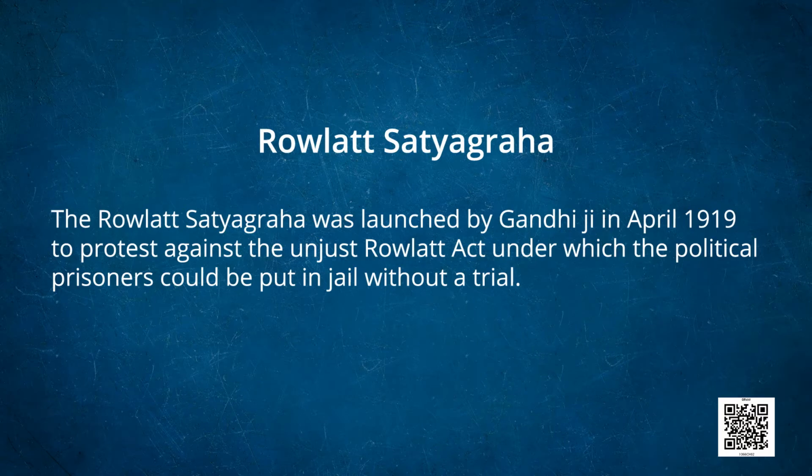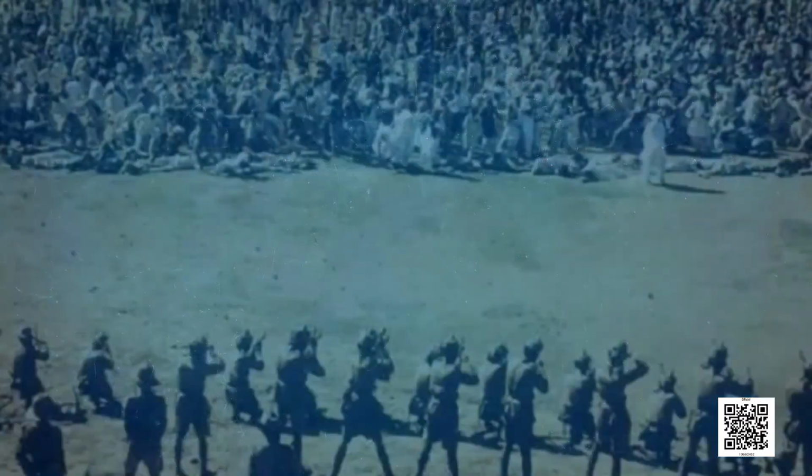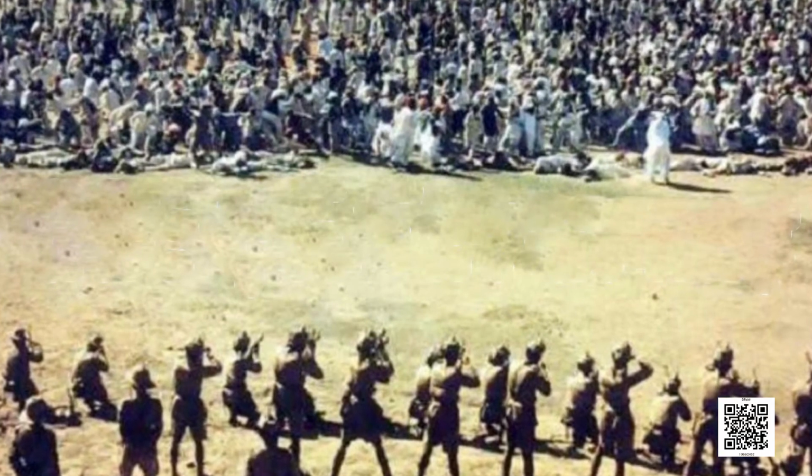When the Rowlatt Act was passed hurriedly through the Imperial Legislative Council, despite the opposition of the Indian members, Gandhiji's patience came to an end and he launched a nationwide hartal on 6th April 1919.